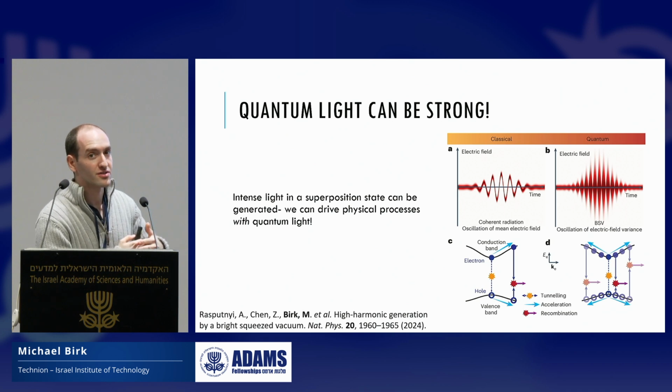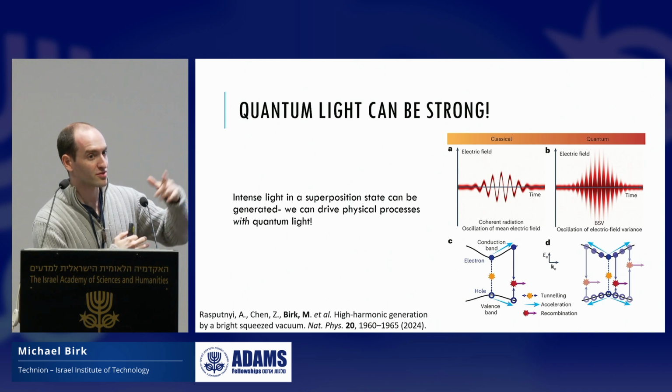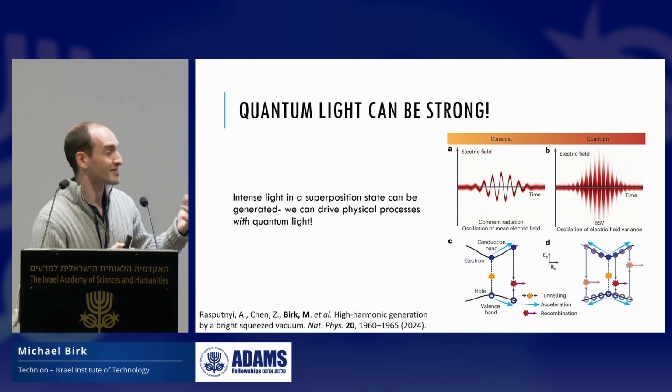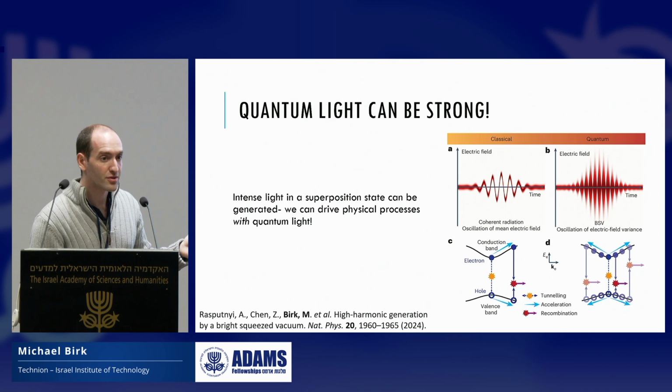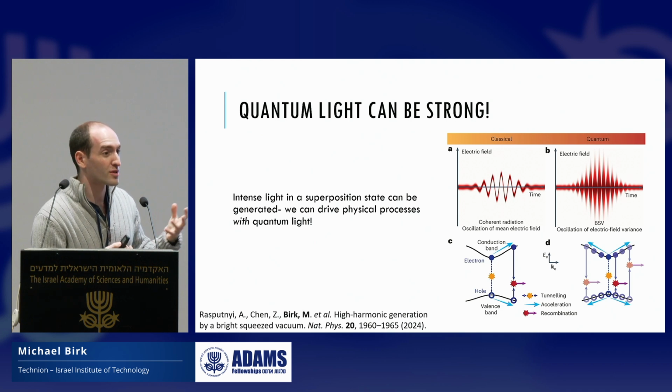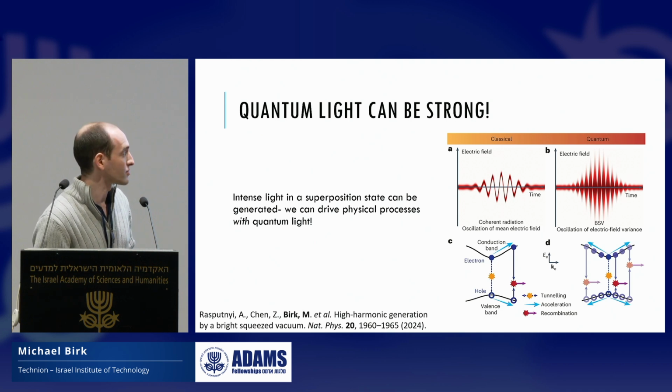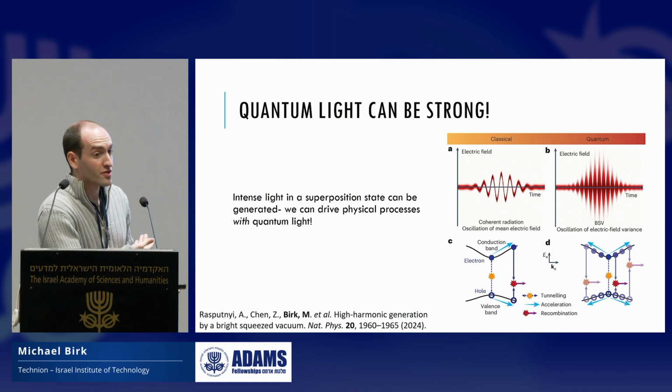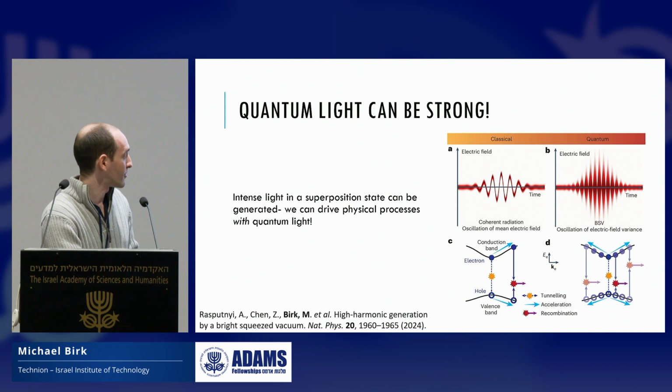If our light is a superposition of strong and weak and even minus, so it's going in both directions at the same time, is the electron going in both directions at the same time? Is it interfering with itself? We have this richness of physical phenomena that we don't even necessarily have the mathematical tools to look at yet. And so this is published, right? This is a barrier that we're breaking through right now.